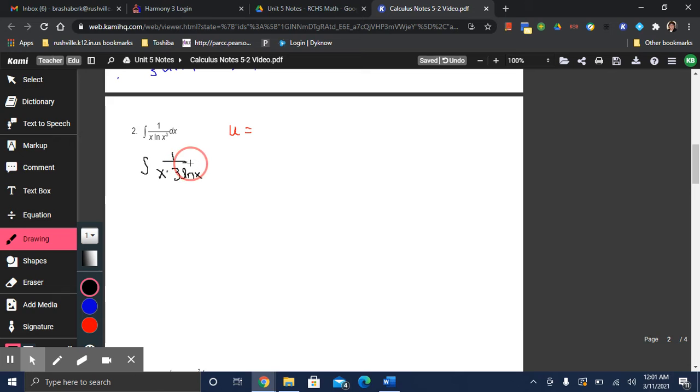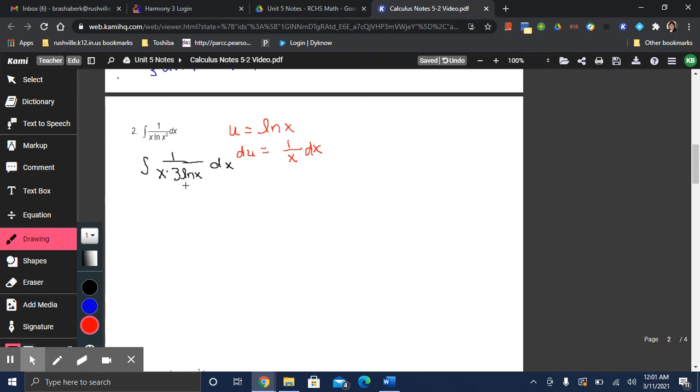That 3 just kind of gets in the way as I am going to set up the u. So my u is just going to be that natural log function, natural log of x. And then our derivative, du, would be 1 over x dx.